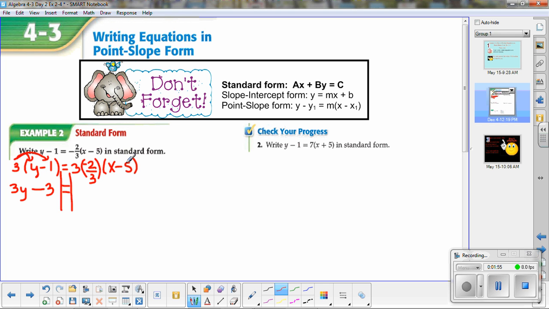Now over here we have multiplication of three different things, and you can multiply in any order you want. So I'm going to go ahead and just multiply these first two together. When I multiply these first two together, 3 times a negative 2/3, that's really 3 over 1 times a negative 2/3, and the 3's will cancel, and you just have negative 2 times x minus 5.